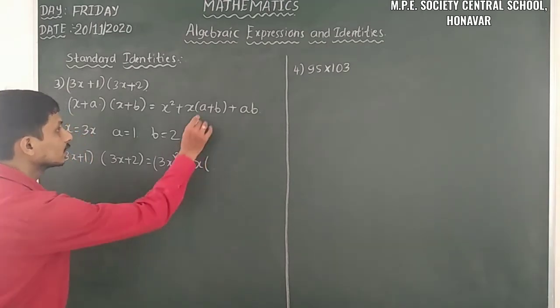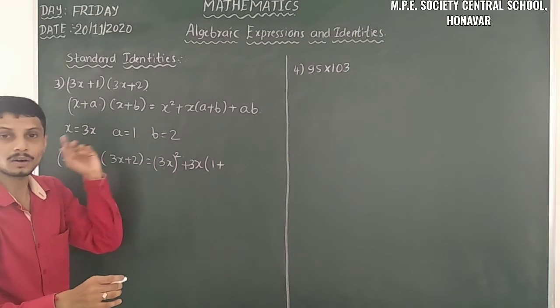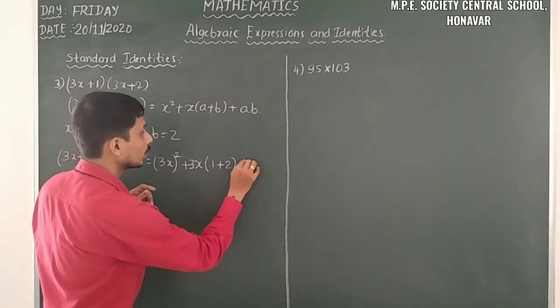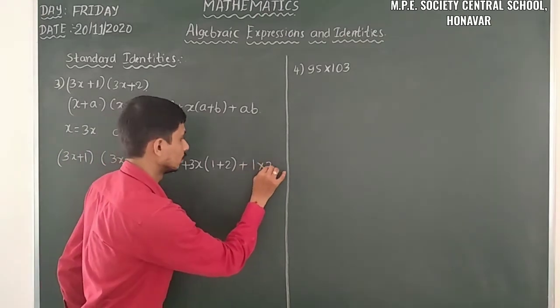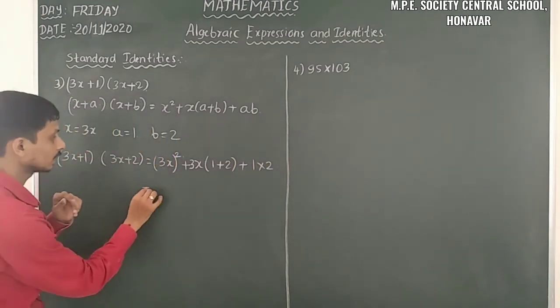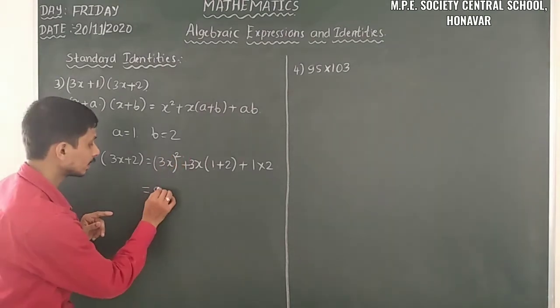Then here in place of a we have 1, in place of b we have 2. Plus a into b means 1 into 2. Then here 3x whole square means 3 square x square, that is 9x square.